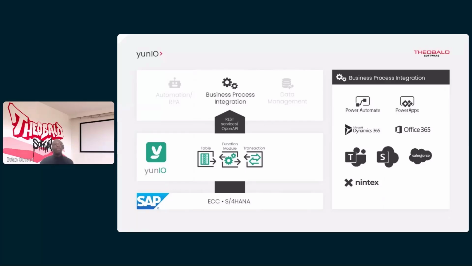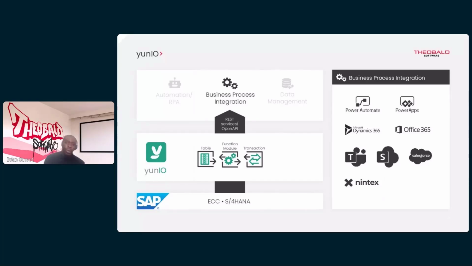So if you need to do maybe a customer update, instead of doing this within the SAP GUI, you can utilize yunIO to write back to SAP updated information on customer management data. And also, this web-based service can be easily integrated into your process automation solutions, such as Power Automate and Nintex, as you can see here on the right-hand side.